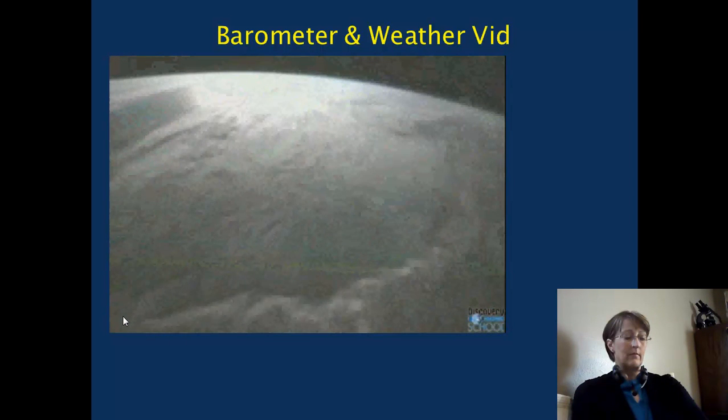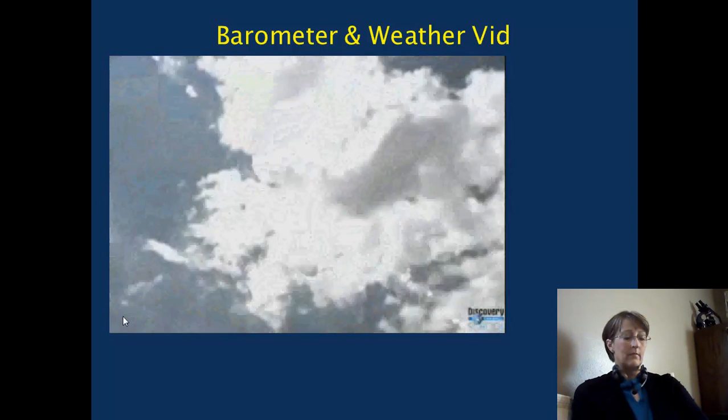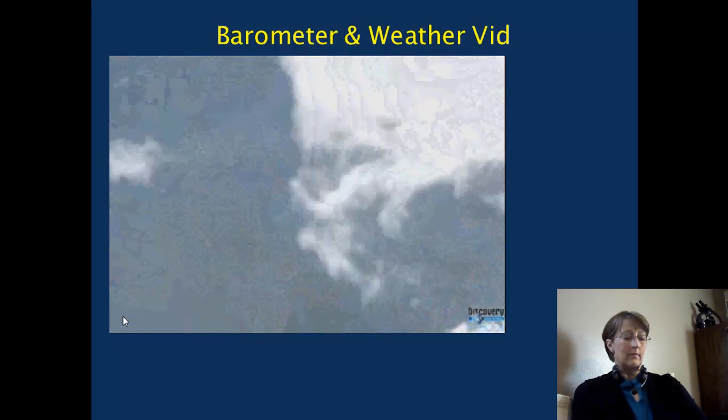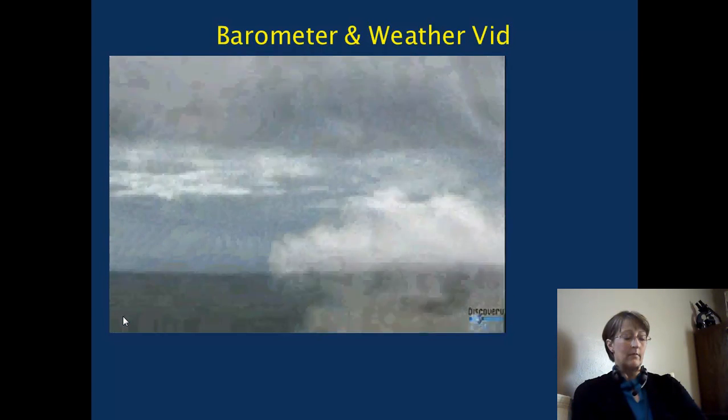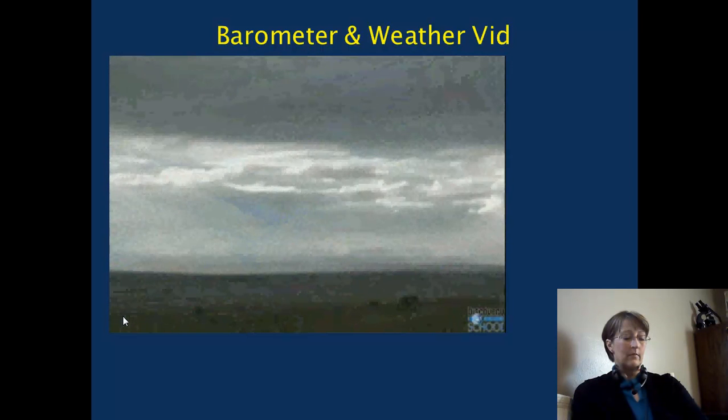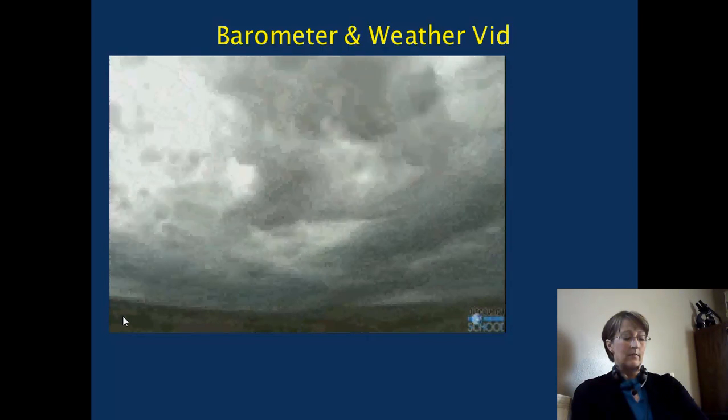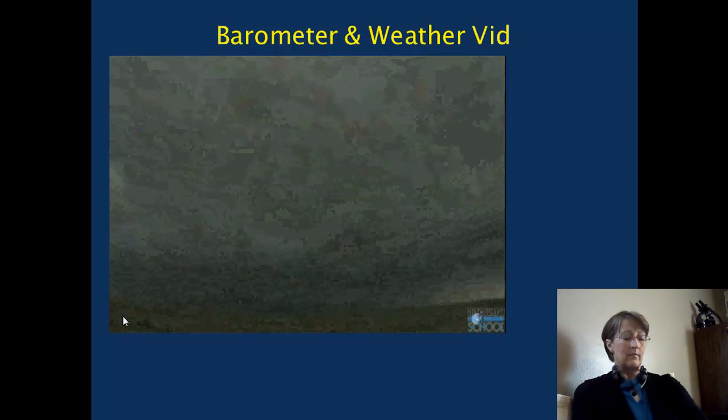The atmosphere behaves like a fluid, a river of air with currents and pools and eddies and swirls. The atmosphere is endlessly moving from high pressure to areas of lower pressure.